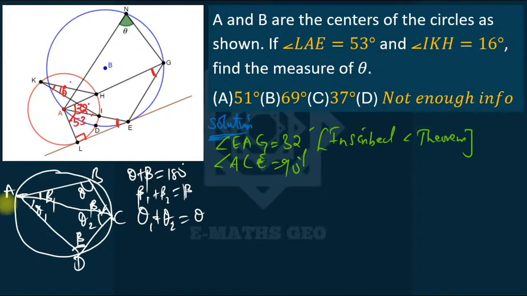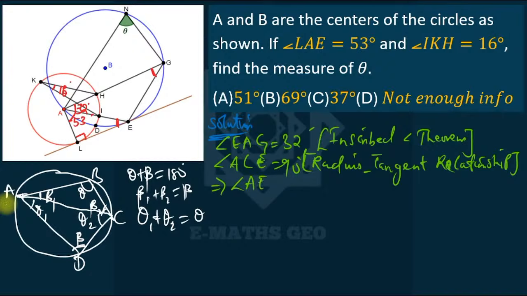This one is the radius-tangent relationship, always perpendicular. Then angle AEL, that's 90 minus 53, should be 37.